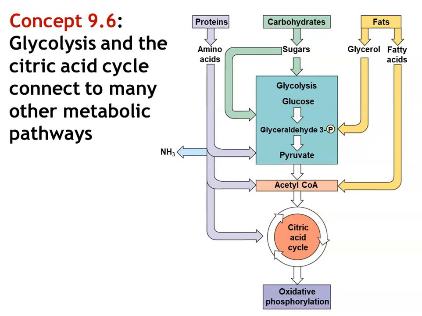You can take glycerol and feed it into one of the intermediates before you get to pyruvate, and you can take fatty acids and feed them into acetyl-CoA, and you can take those amino acids and feed those also into acetyl-CoA as well as the citric acid cycle. So there's lots of ways to take the macromolecules that we ingest or that organisms ingest and feed them into this metabolic pathway.